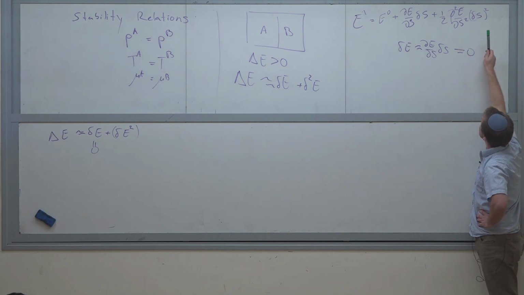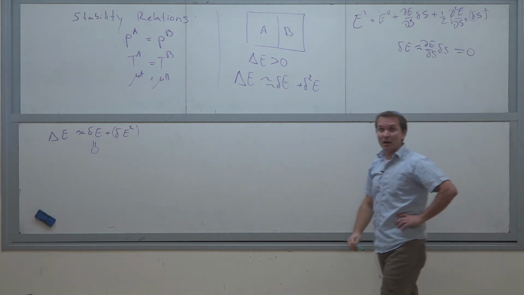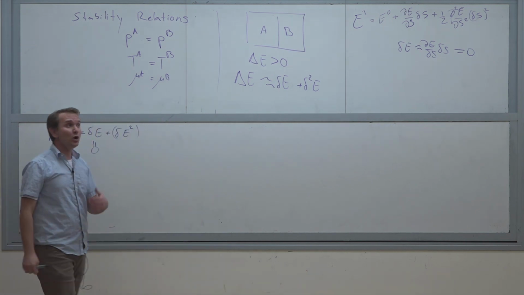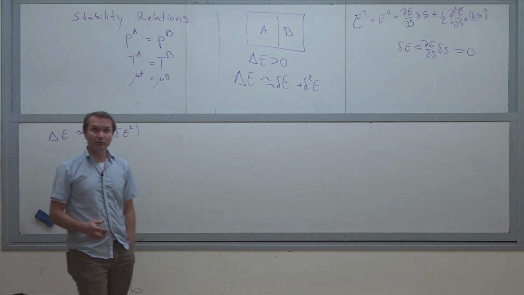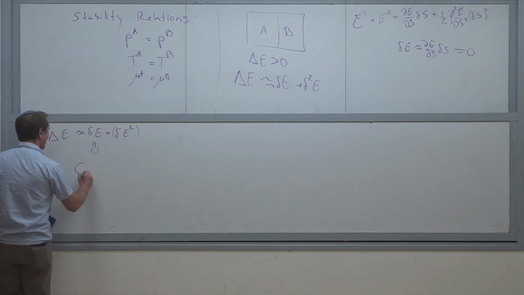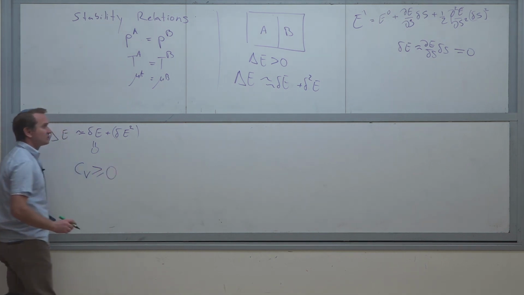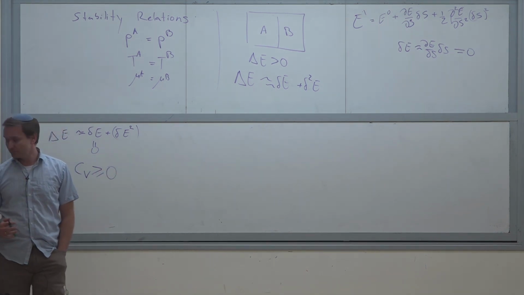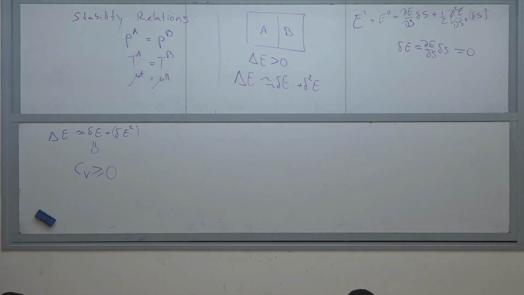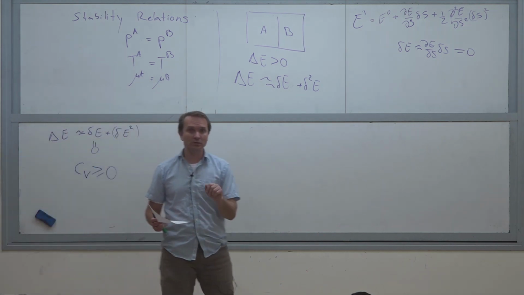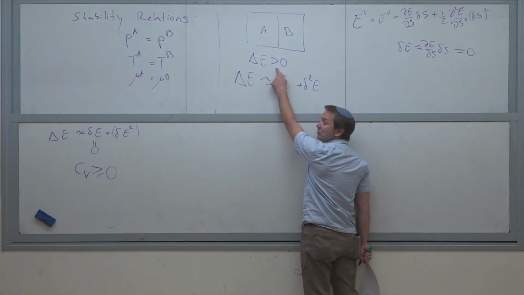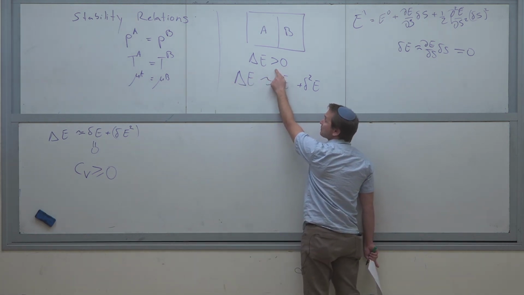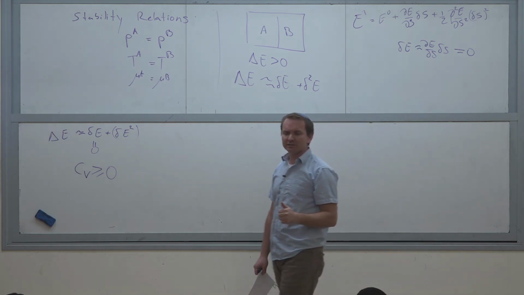And we used the fact that delta S is taken to the second power, so it's a positive quantity. What we obtained is an additional set of stability relations. We have proven that CV is greater than 0. This is what we have seen. Now here, questions?